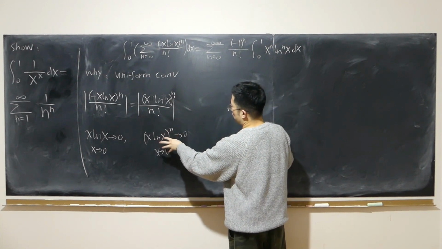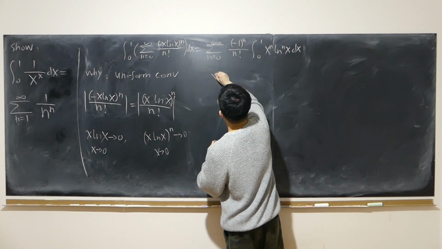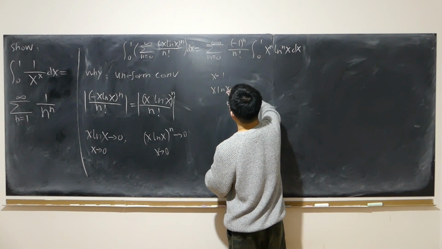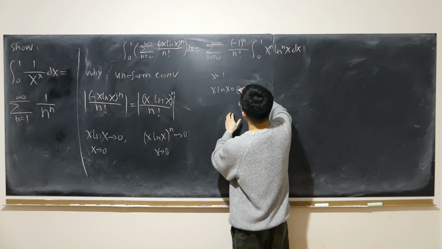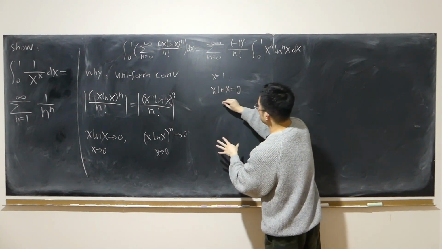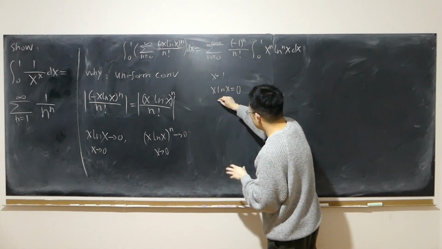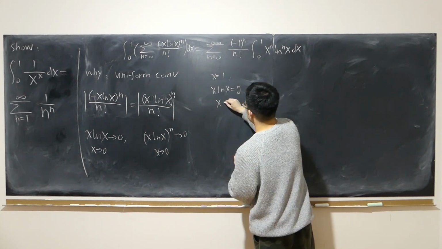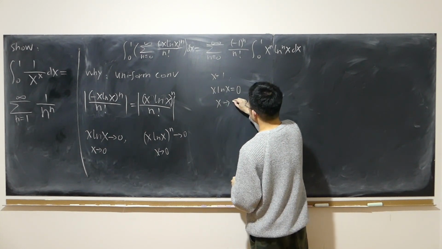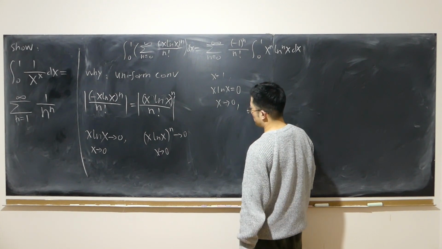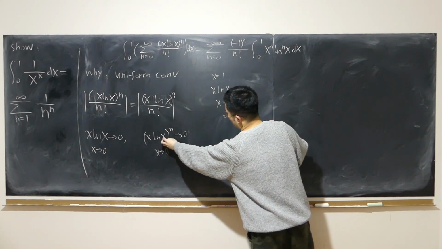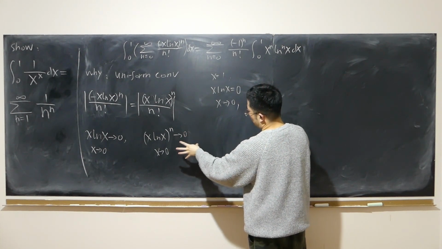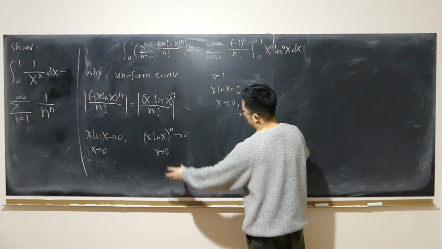When x is equal to 1, x times log x is equal to 0, so there is no problem. The only problematic point is when x is nearby 0, where x must be positive. Nearby 0, the whole thing is approaching 0.